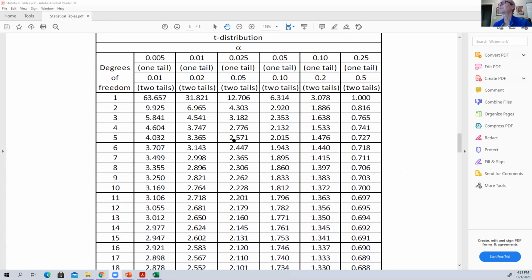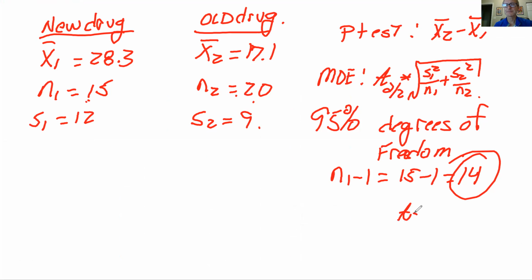We go down to 14, and you can see our t-value is 2.145. It's right here. So we go back to our whiteboard and write that in. Our t alpha over 2 is 2.145.